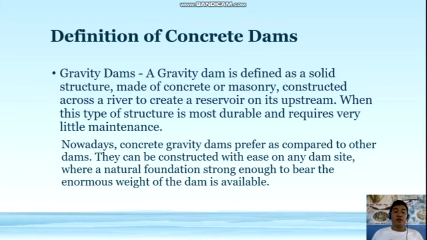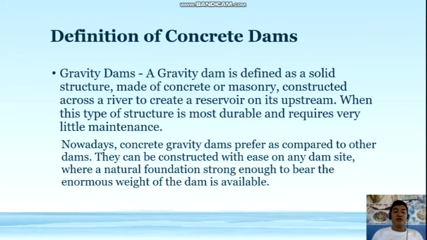Definition of concrete dams. Gravity dams. A gravity dam is defined as a solid structure made of concrete or masonry, constructed across a river to create a reservoir on its upstream. This type of structure is most durable and requires very little maintenance. Nowadays, concrete gravity dams are preferred as compared to other dams.